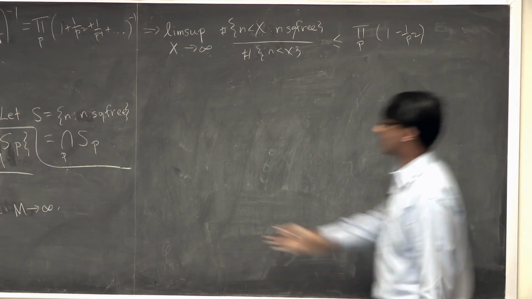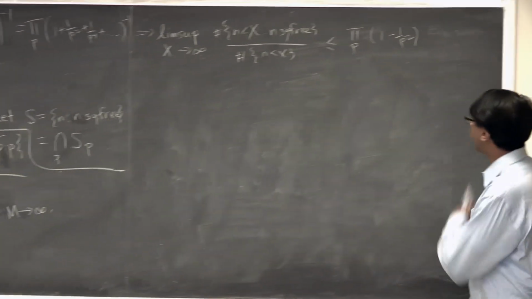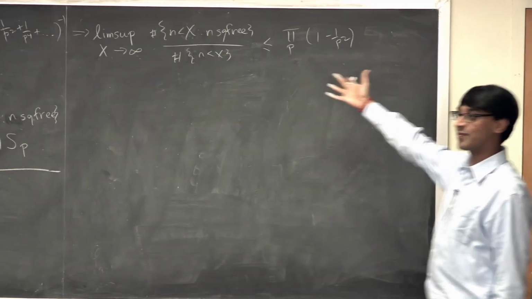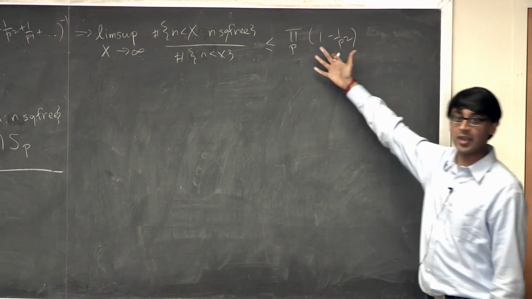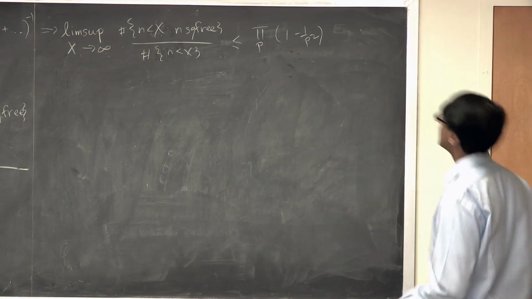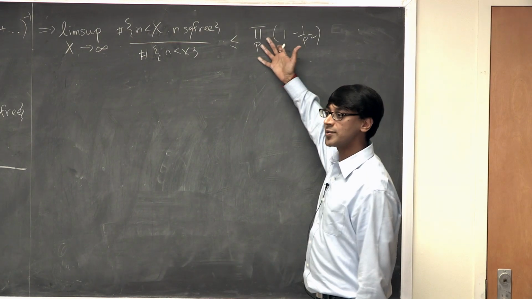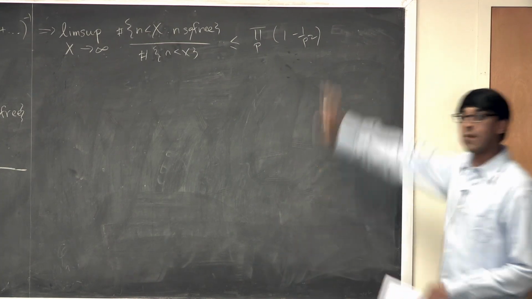That's just taking the trivial thing and letting M go to infinity. The density certainly couldn't be bigger than this, because for any finite number of conditions of being square free at bounded primes, you get arbitrarily close to this, and so this is the biggest that the density of square free things could be. So an upper bound is very easy.